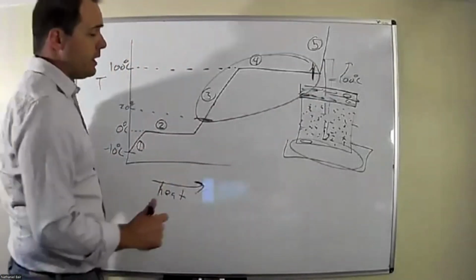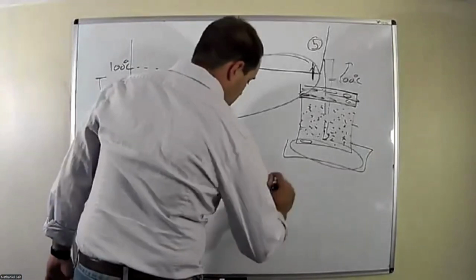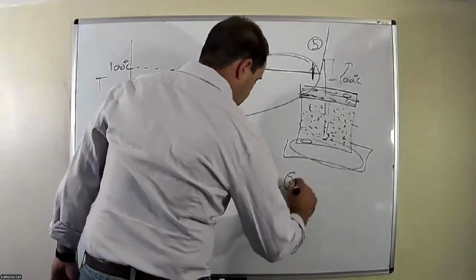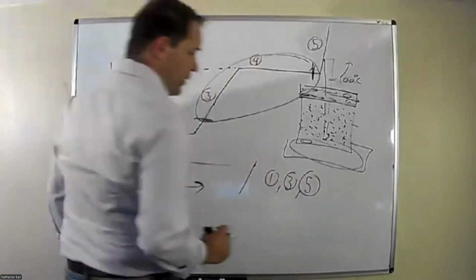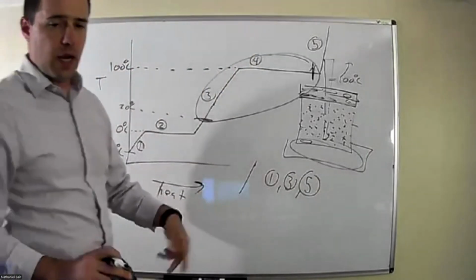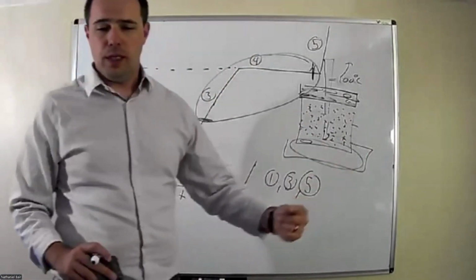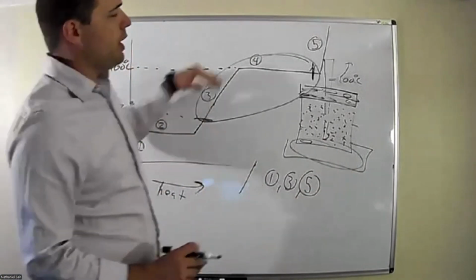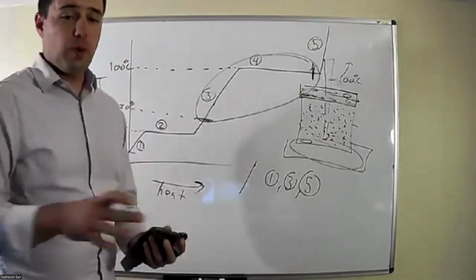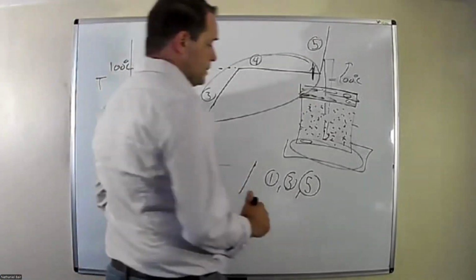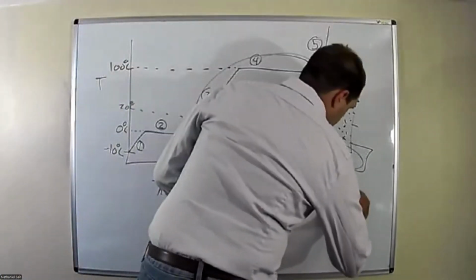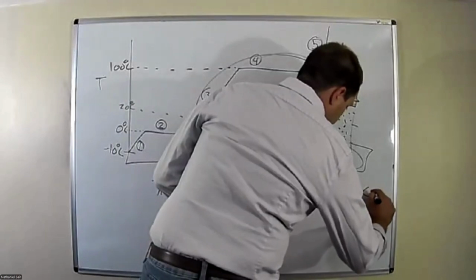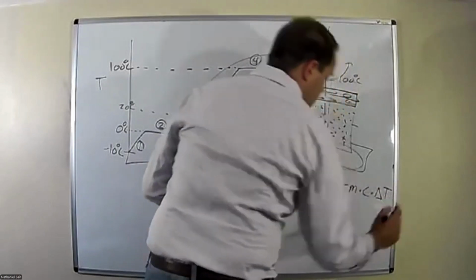When you are on a slanted portion, which I am calling parts 1, 3, or 5, when you are warming the solid, warming the liquid, or warming the gas, because the temperature is changing, we can use that formula from Chem 101 that says the amount of heat needed is equal to the mass times the specific heat capacity times the change in temperature.